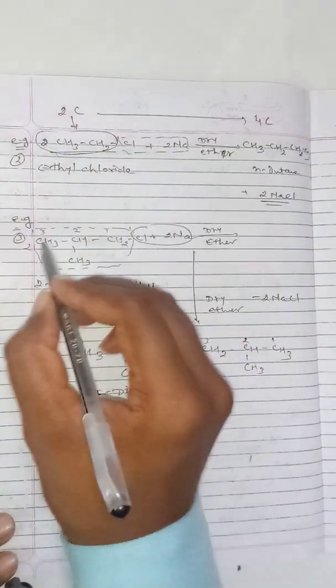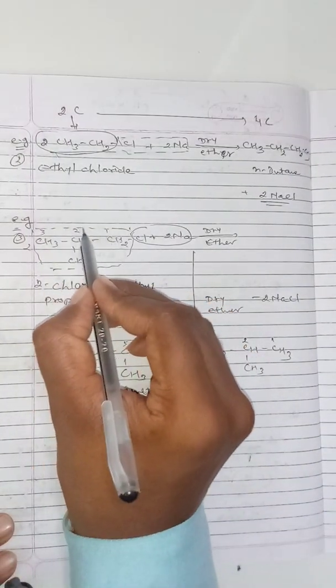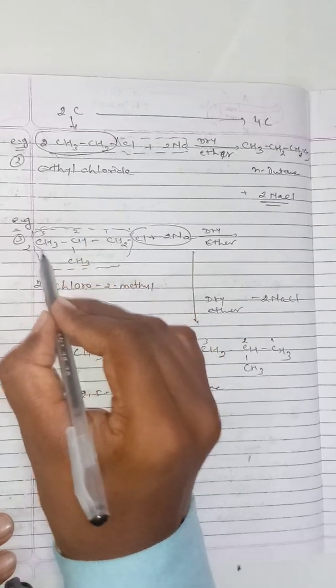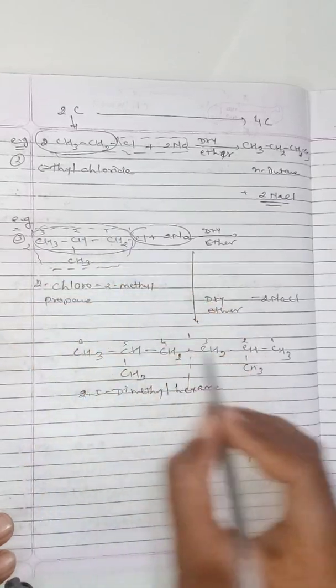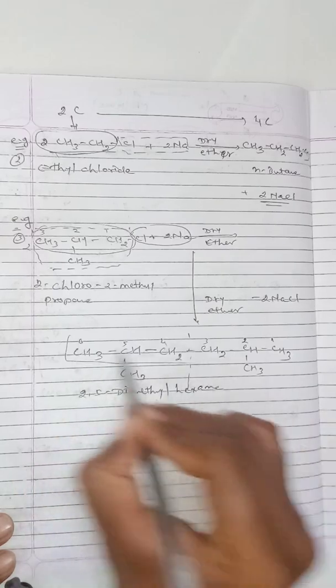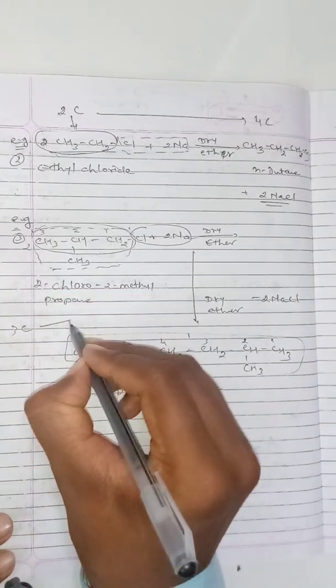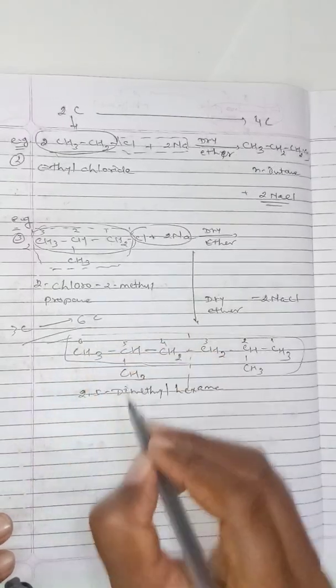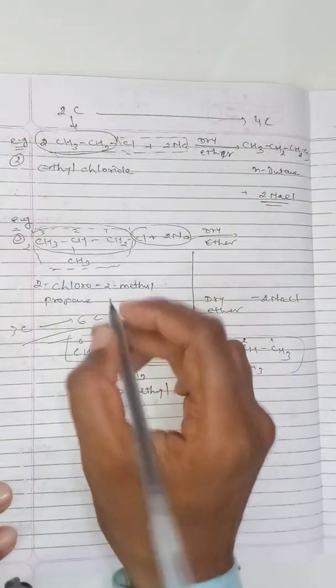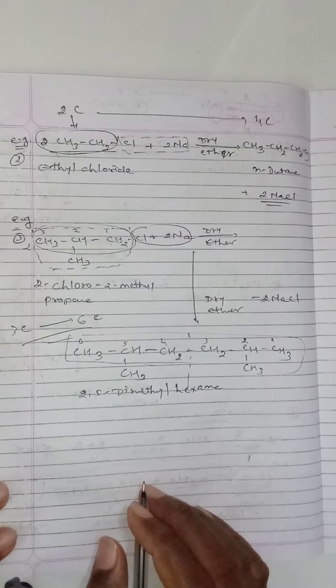So complete. Here the main branch is only 3 carbons, and we get a series of 6 carbons. So from 3 carbons to 6 carbons, double the carbons are produced.